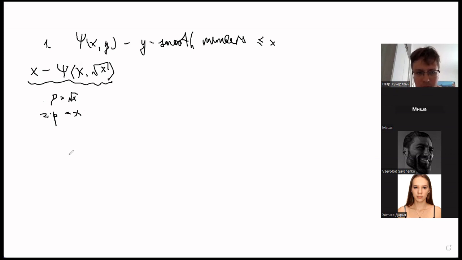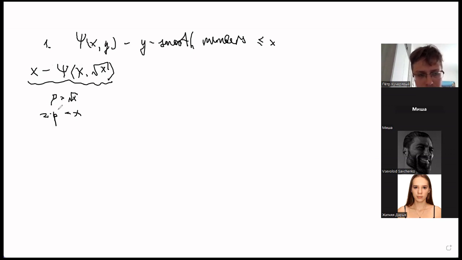Okay, but so it's going to be p times a, where a is less than square root of x. Yes, and the idea is that there should be some prime which is bigger than square root of x, which divides our number.